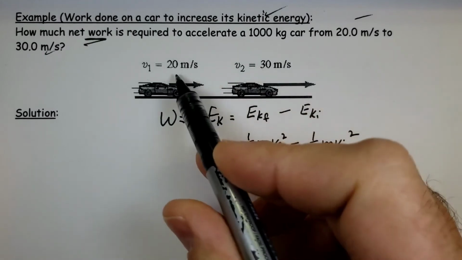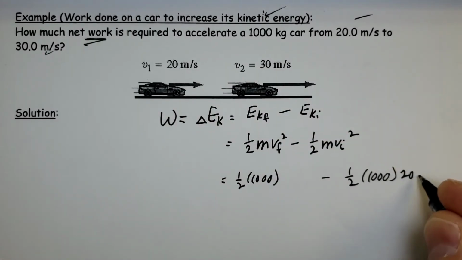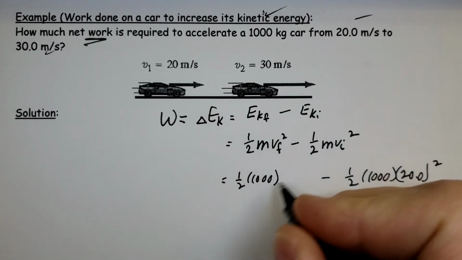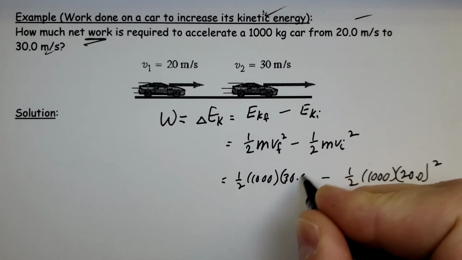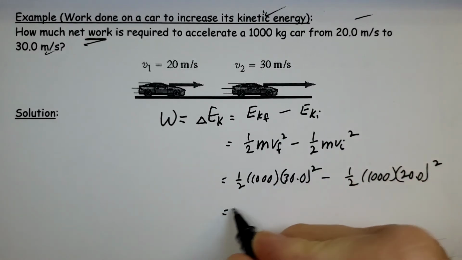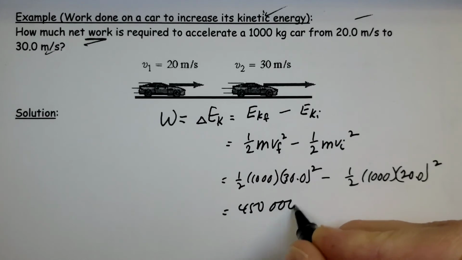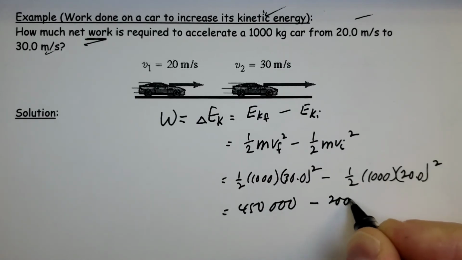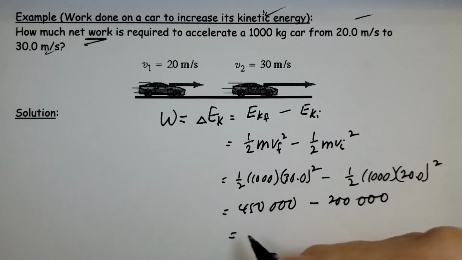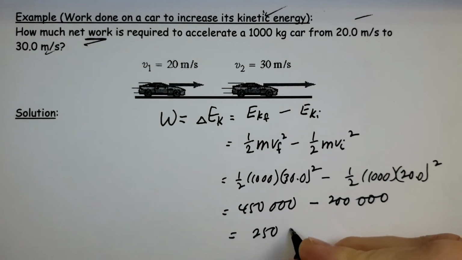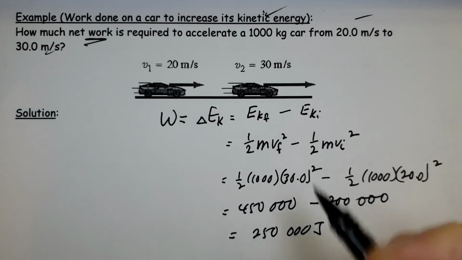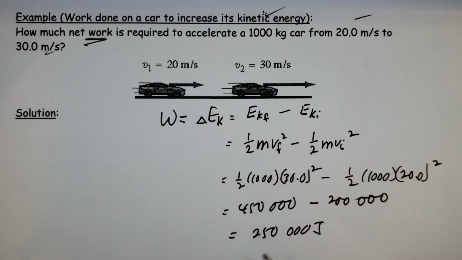It was originally moving at 20, and it went to 30. So it's 450,000 minus 200,000. That's going to give us 250,000. And if I look back here, technically there was only one sig fig there.